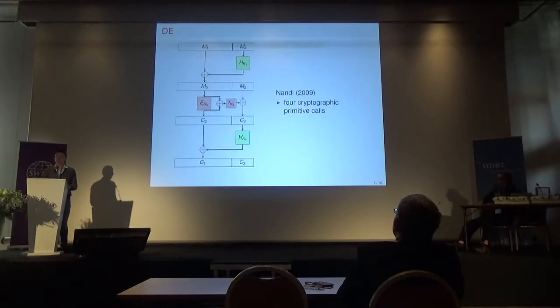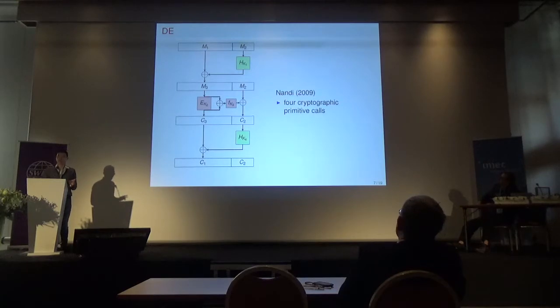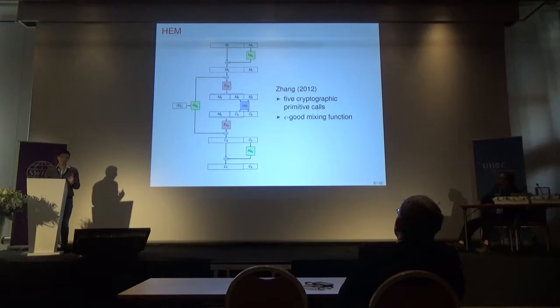The second one is DE, proposed by Nandi in 2009. But it's quite complex, so it uses 1 block cipher call, 1 weak pseudorandom function, and 2 hash function calls. The last one was proposed by Chen in 2012.